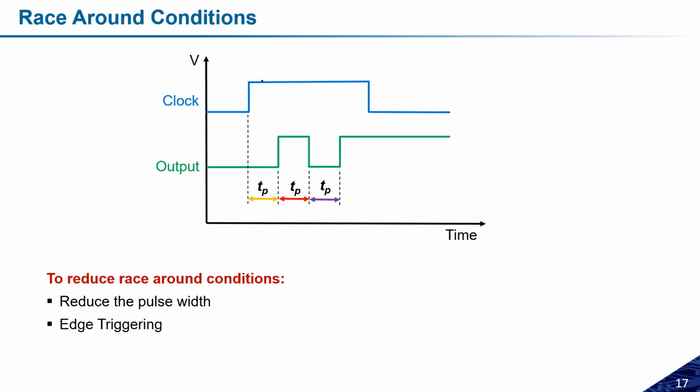Instead of level triggering, either at logic high or logic low, we can consider either positive edge trigger or negative edge trigger. So the positive or negative edge trigger can solve the purpose. For example, if the transition is from low to high, during this transition the flip-flop needs to be activated. This may solve the problem of the level trigger. But again, for the pulse which we are generating, we cannot keep zero rise time and zero fall time.